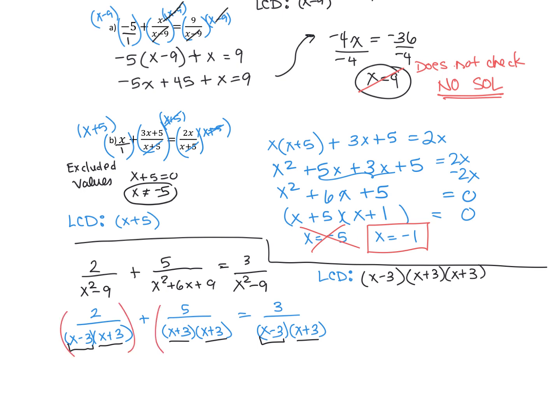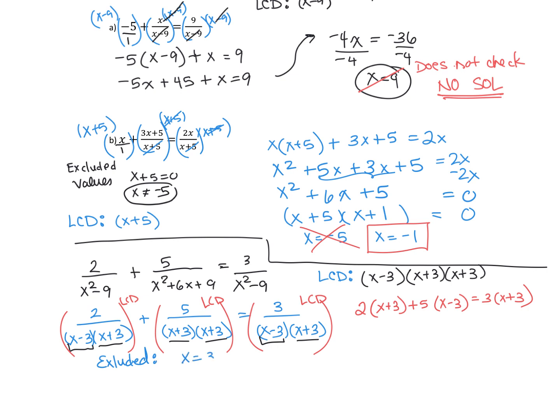Now, when we multiply by our least common denominator, I'm going to do this kind of shorthand here, you can see that this would give you 2 times x plus 3, 5 times x minus 3, and 3 times x plus 3. And I did kind of skip over, we should mark our excluded values, and they are 3 and negative 3.